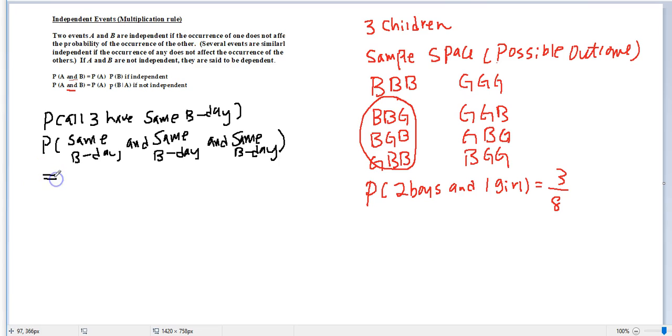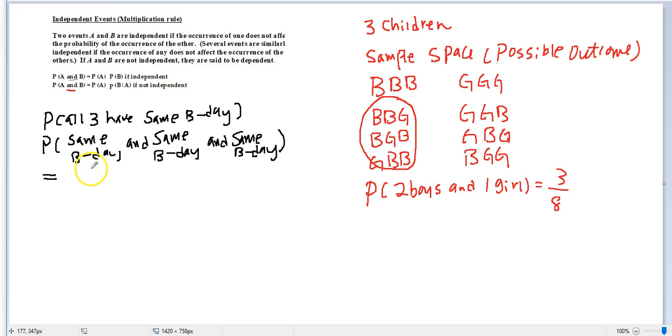Now, because we are selecting 3 persons at a time, they have no idea what birthday the other person has. So they're all independent. In this case, each person has a 1 out of 365 probability of having a birthday.